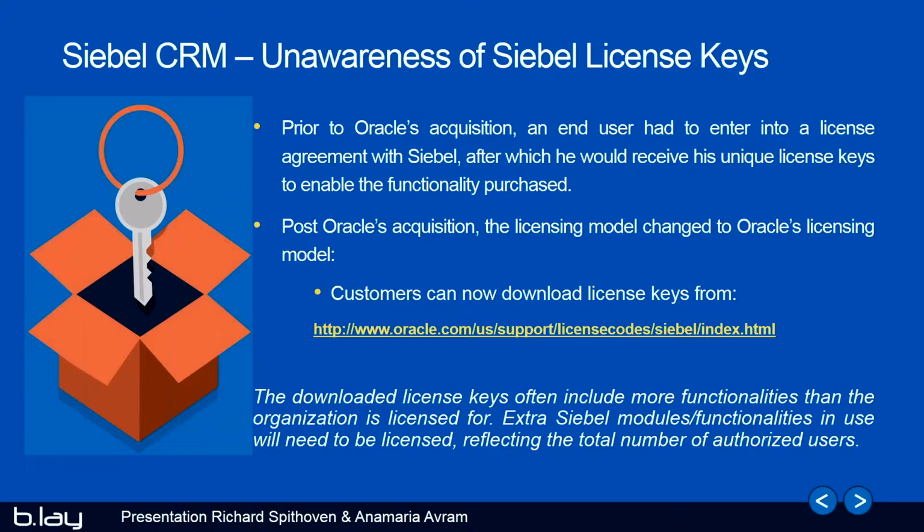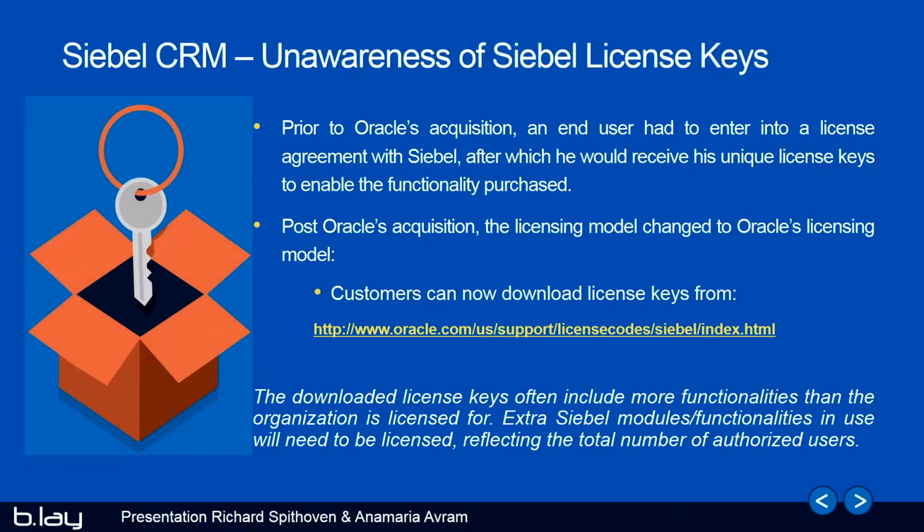Prior to Oracle's acquisition, an end user entered into a license agreement with Siebel and after that would receive his unique license key to enable the functionality he paid for. Once with Oracle's acquisition, the licensing model changed.